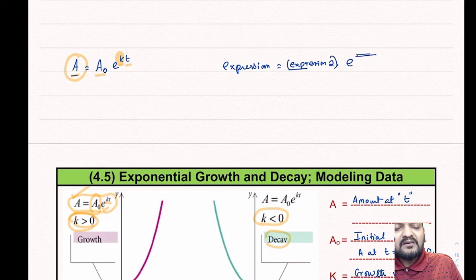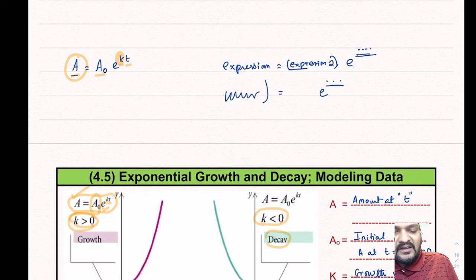The way you solve this is you isolate the e. Divide whatever you need to divide, and keep everything else on the other side.